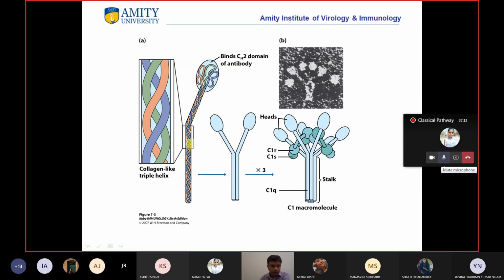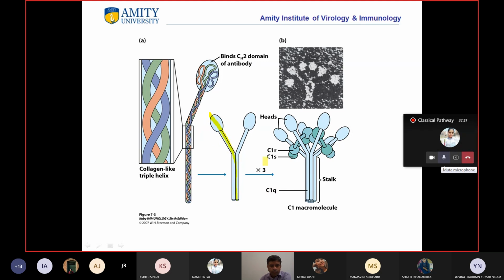So I think you can see this image. As I said, collagen-like triple helix, so it is like this, and there are 6 arms or 6 heads, 1 2 3 4 5 6. So this is your C1Q.